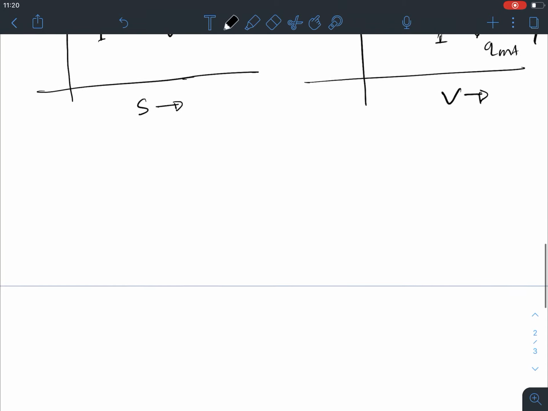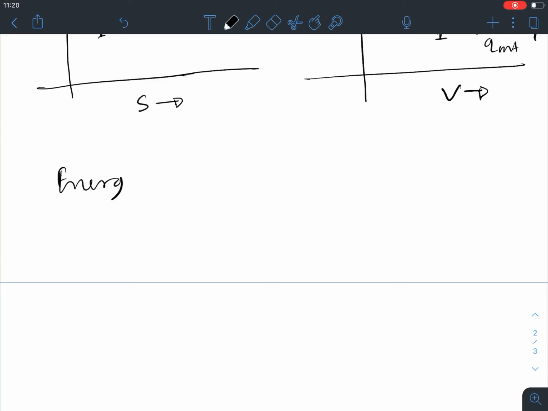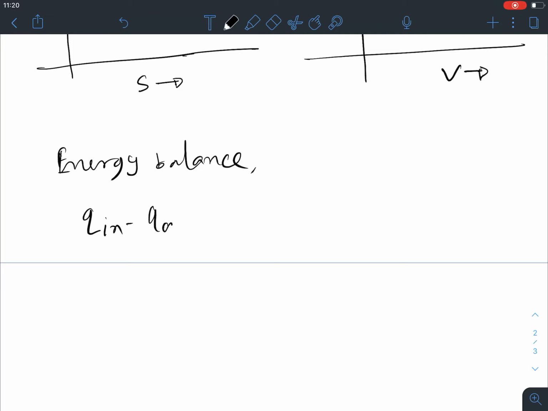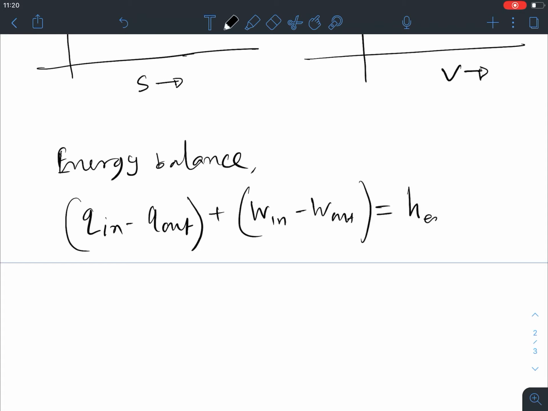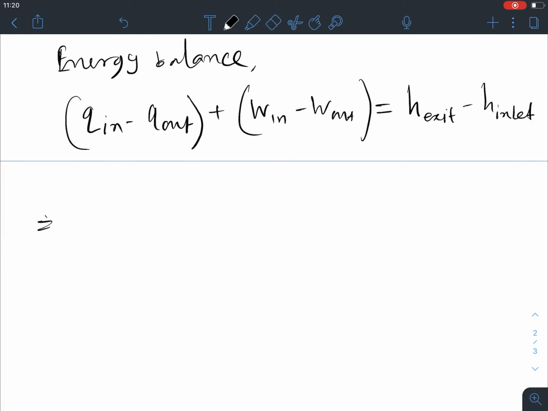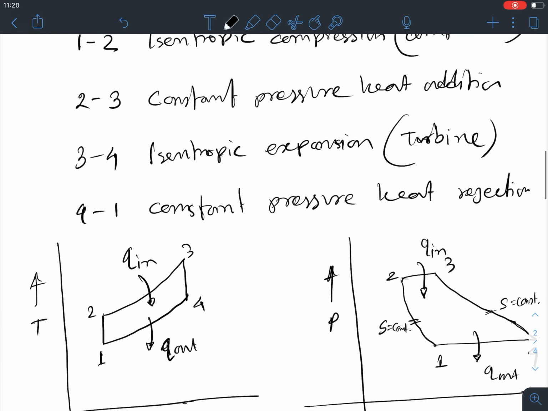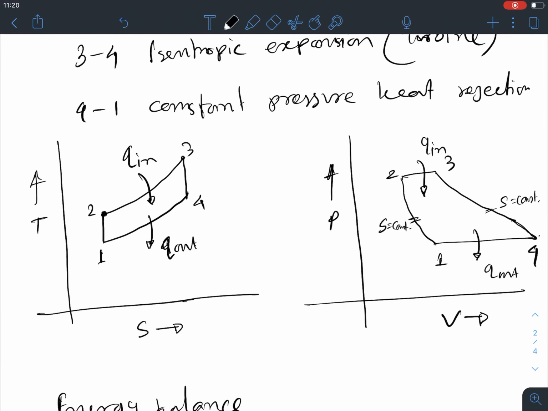From this diagram we should be able to derive the efficiency equation. Since it's an ideal closed cycle, if we do the energy balance, it becomes Q in minus Q out plus W in minus W out equals enthalpy at exit minus enthalpy at inlet.